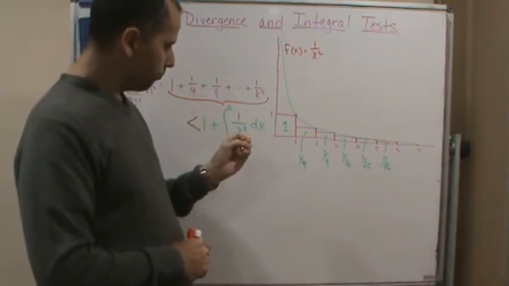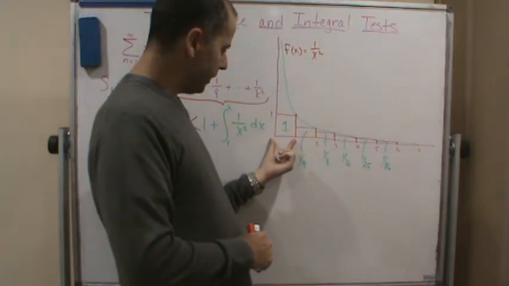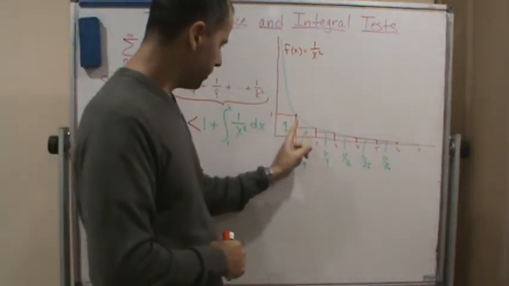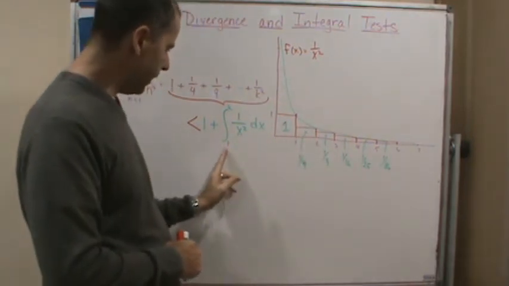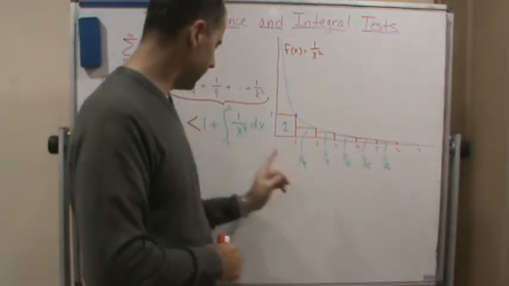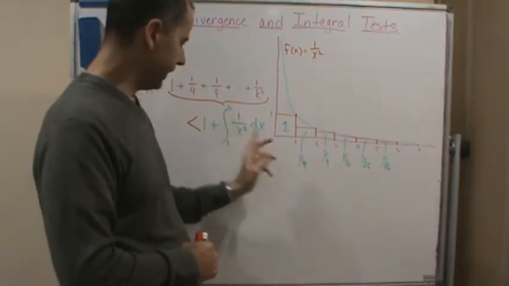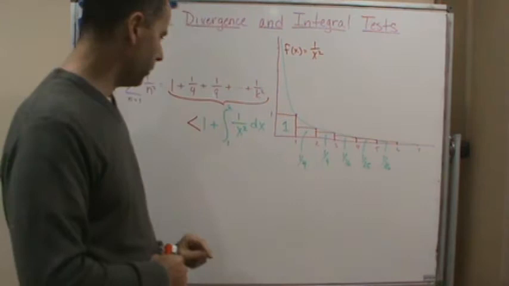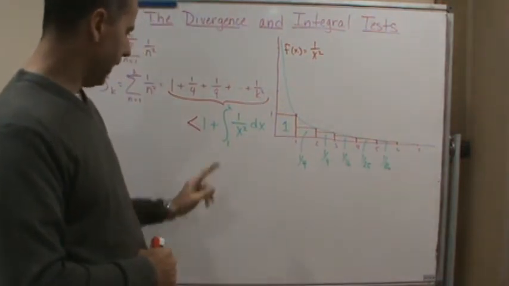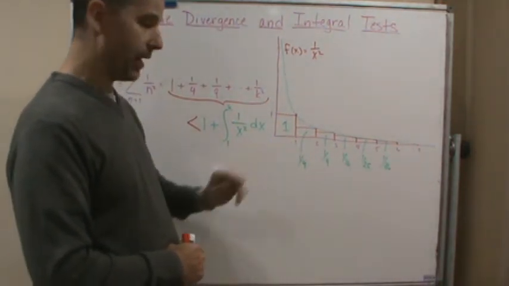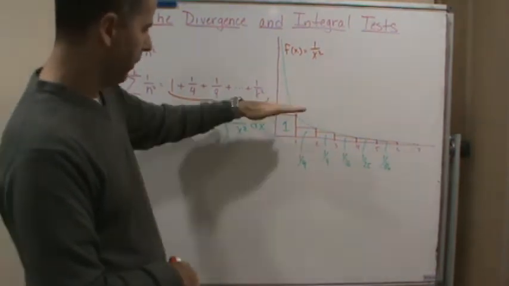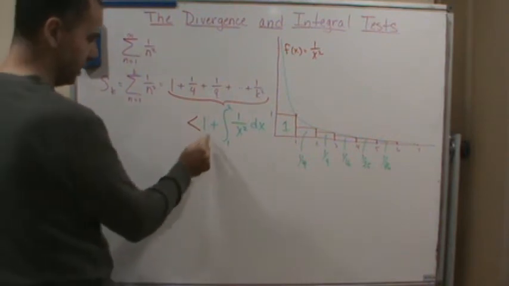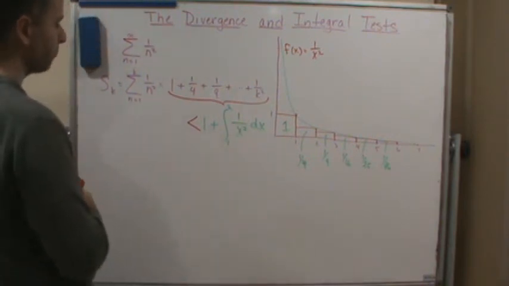So I'm just going to make it equal: I'm going to add the rest of it with the integral from 1 to k, starting at 1 up to wherever k is. Then I add 1 to match up with the first rectangle. That's not going to change anything; it's still going to be less than.